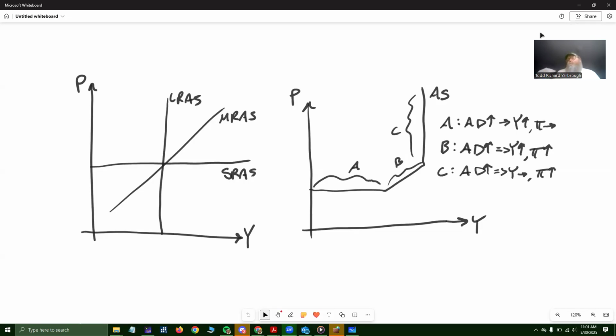And when we say short run, long run in the context of this aggregate supply, aggregate demand model, we are thinking about it from the perspective of some sort of exogenous shock. One of the big shocks that we experienced in the United States in the 1970s was a negative supply shock.